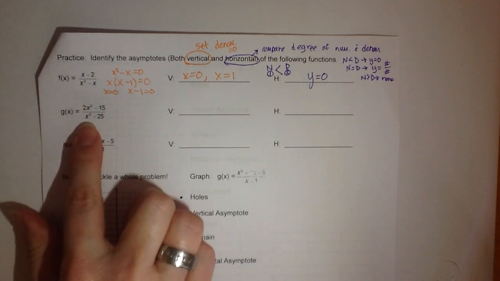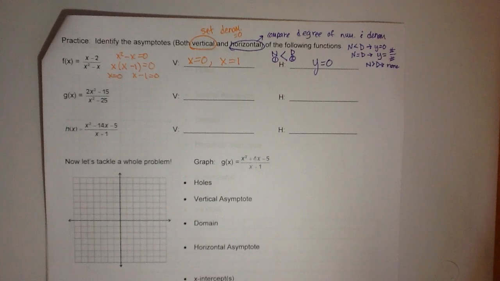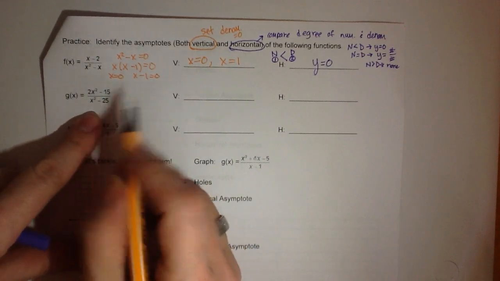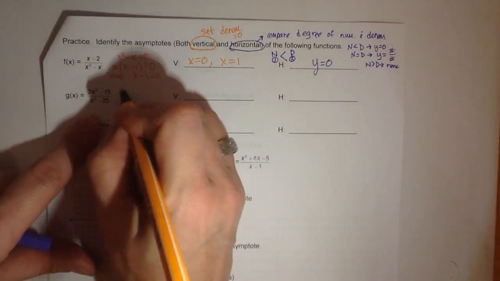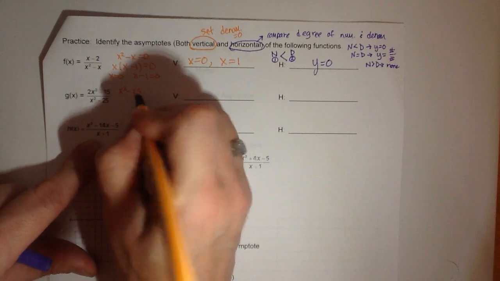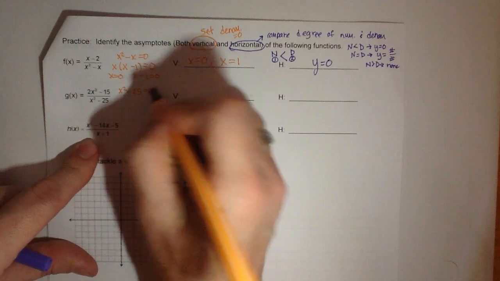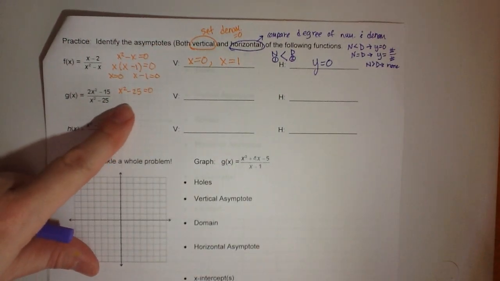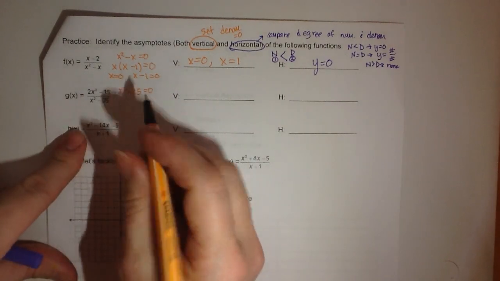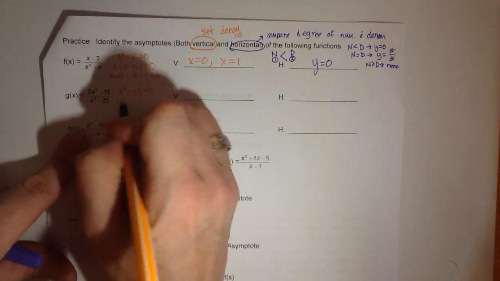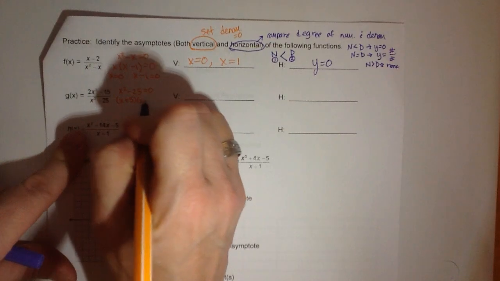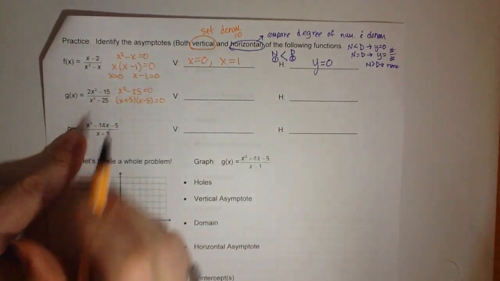G of x. For vertical asymptotes, we're going to set the denominator equal to 0, so x squared minus 25 equals 0. And check to see, do we have a GCF? No. We have 2 terms, so we're going to factor this by difference of squares. So we got x plus 5 times x minus 5 equals 0.